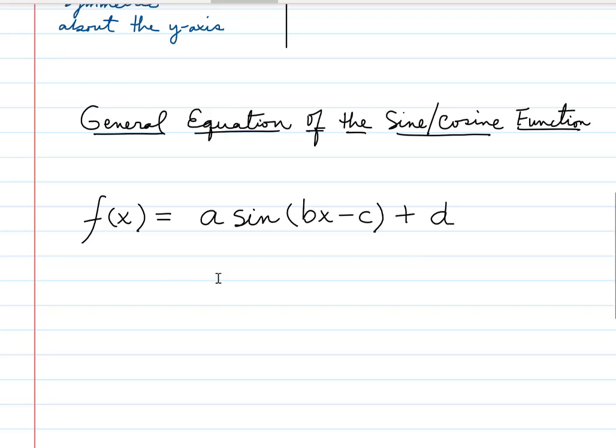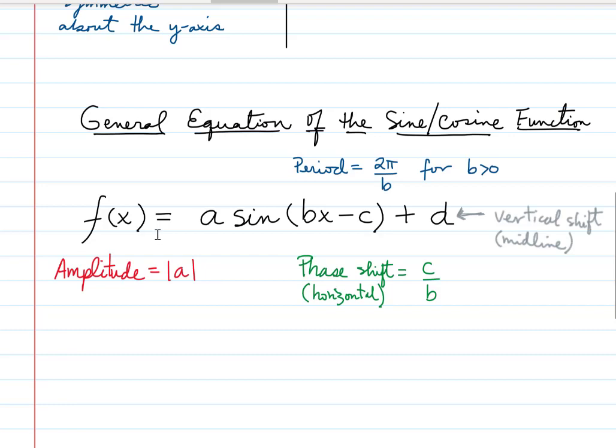Now for this particular function, sine and cosine, we're going to have new names. We're going to change the names a little bit, but they're pretty much the same transformations that we've had before. So here we have the different attributes of the function. First of all, we have the amplitude, and we're going to be talking about all of this in an example.